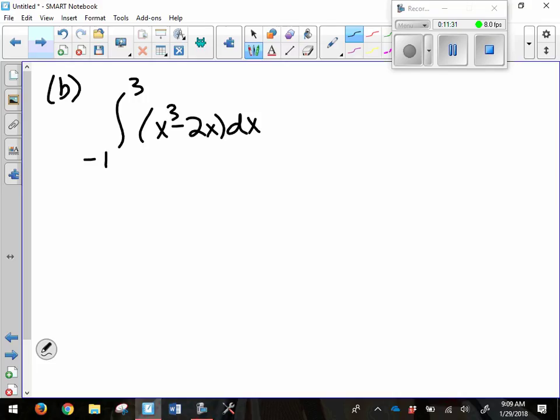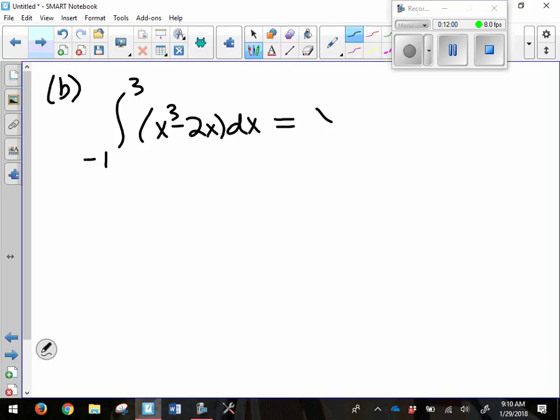It's just kind of using that inverse power law or the integration power law, which we all need to practice a bit. Okay, so remembering all of our properties of integrals, I can of course break this into two different integrals. I'm just going to treat each term separately. So what's the antiderivative of x to the third going to be?